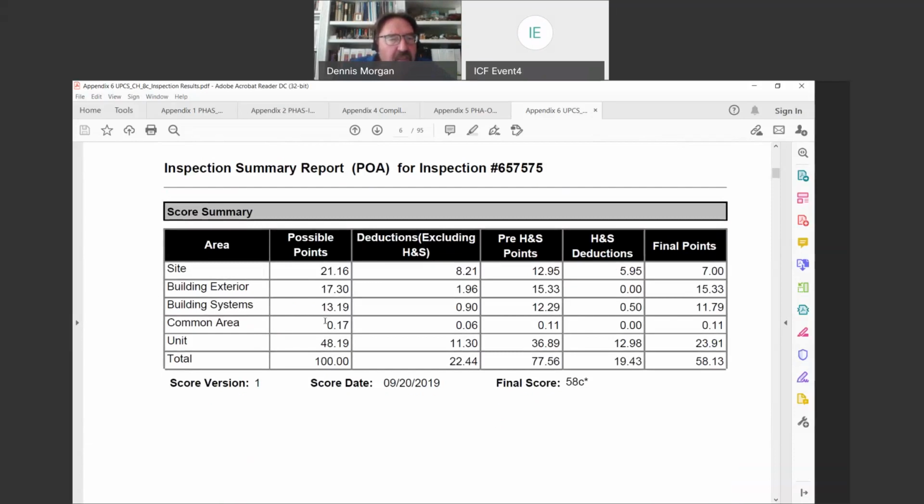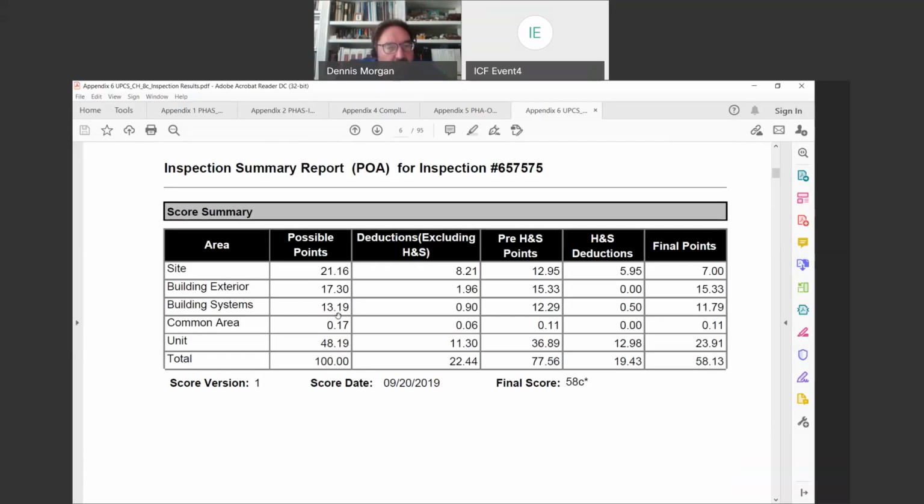So you can see on this particular property, it didn't have common areas, so they redistributed those points, and they gave a lot of those points to dwelling units, which is normally worth 35. They now gave these dwelling units 48. Site, normally worth 15, is worth 21. Building exterior, worth 15, so they gave that 17. And building systems, normally worth 20, they now gave those 13.